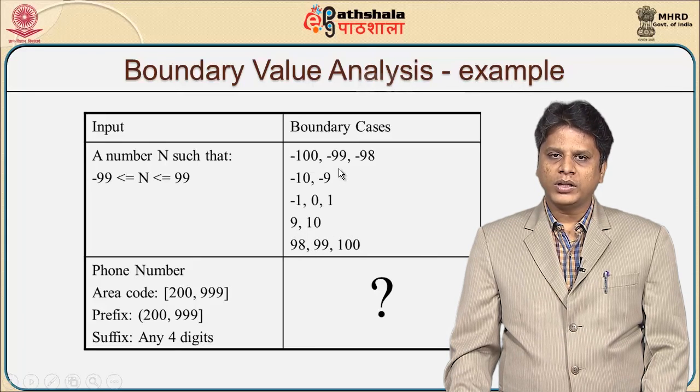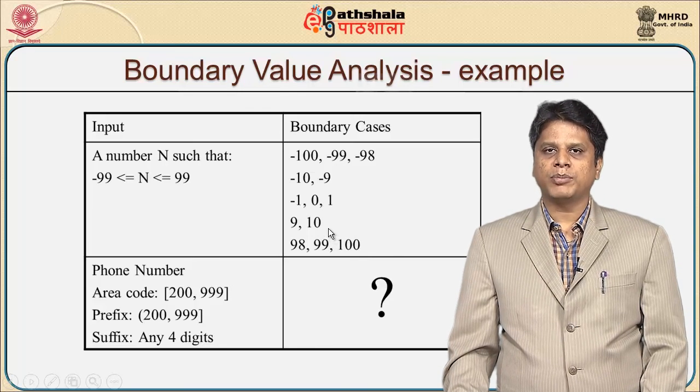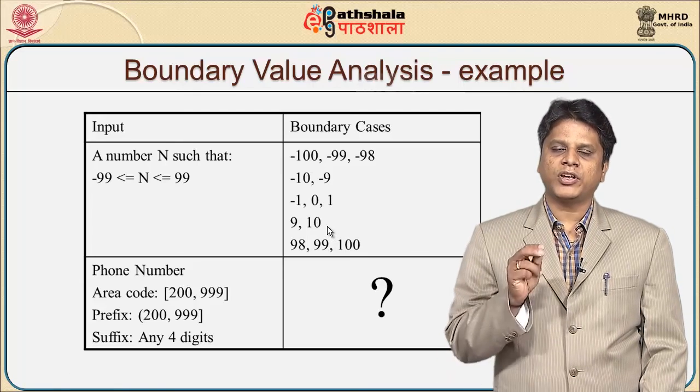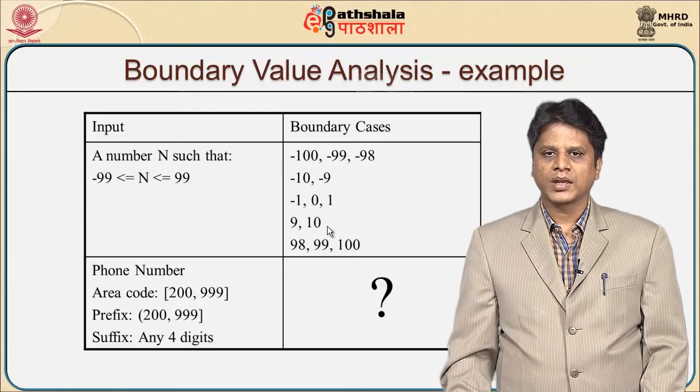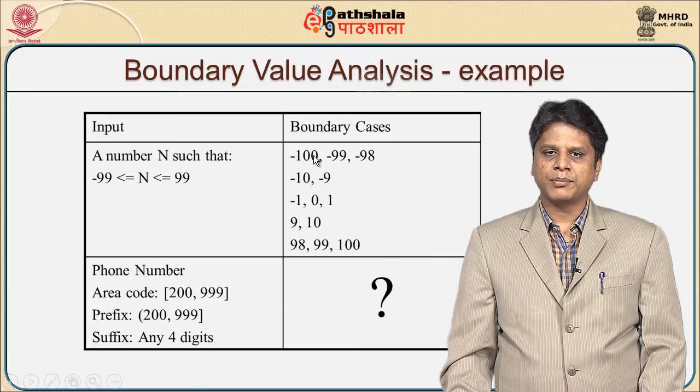If you look at all the test cases, these three are pretty well within the limit, but then how does it perform when it comes to the same number that we have been mentioning earlier. These are the exact boundary cases that we may wish to perform, say minus 100, minus 99, minus 98.